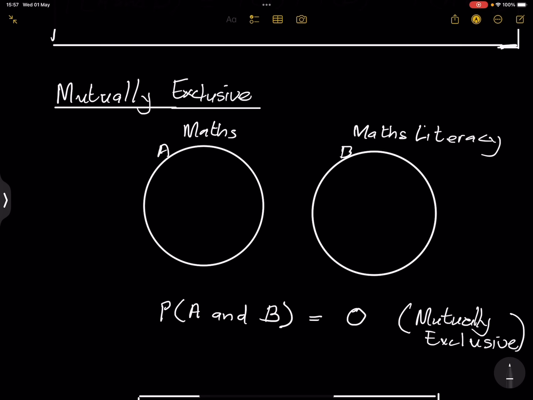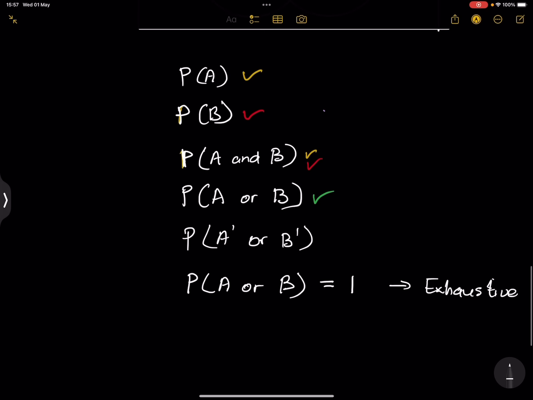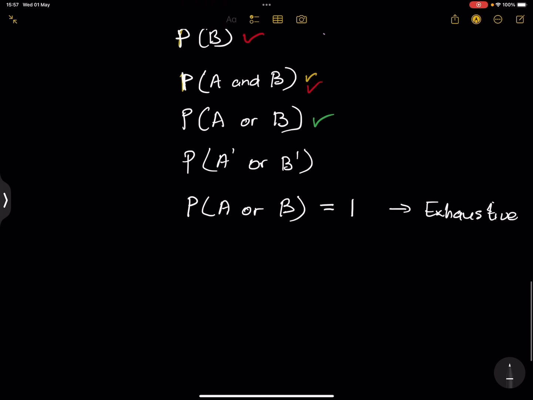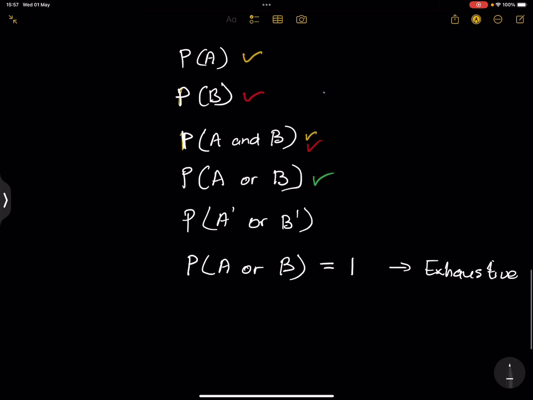These are events that would not meet, and as a result, the probability of A and B would be equal to 0. And finally, for exhaustive events, the probability of A or B should be equal to 1.